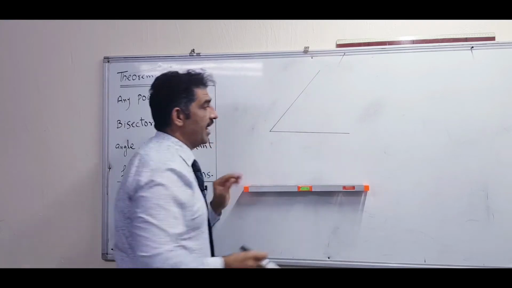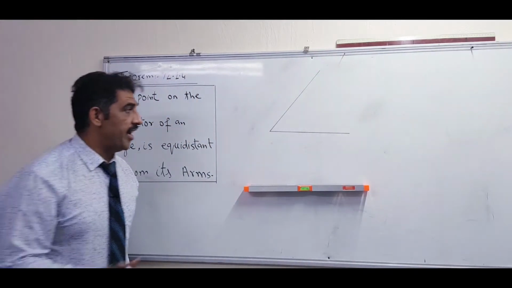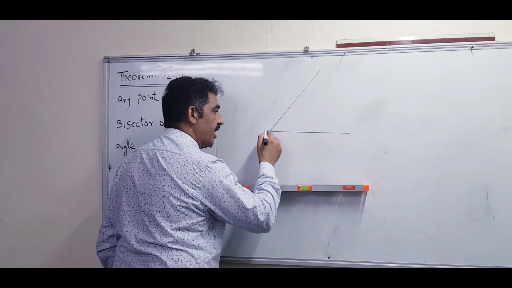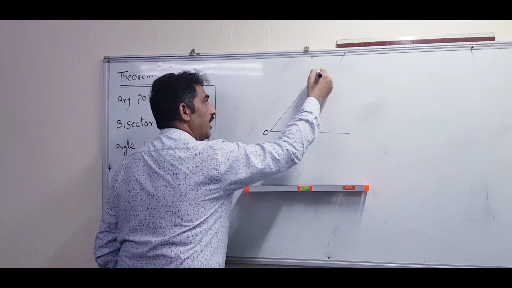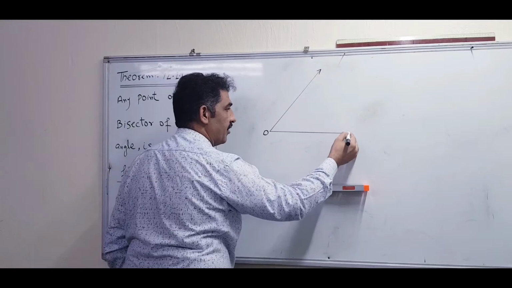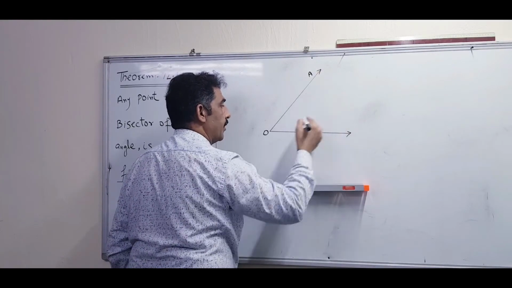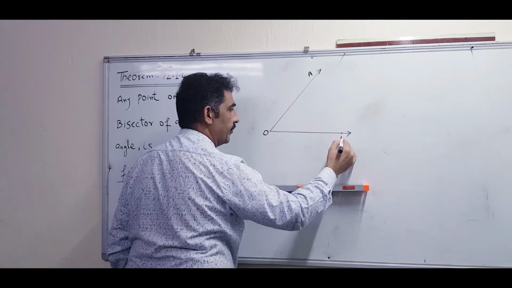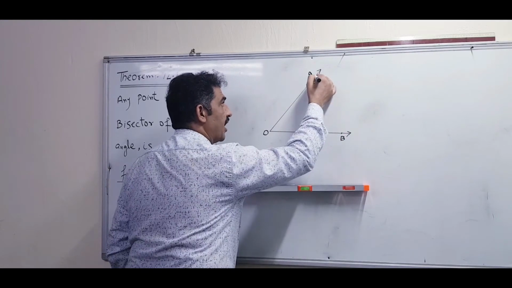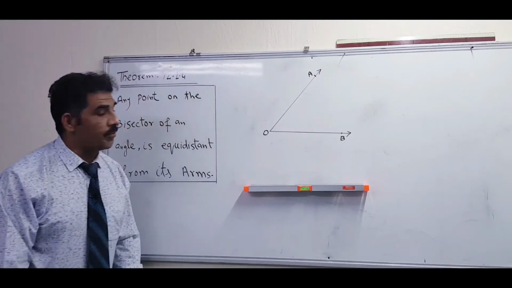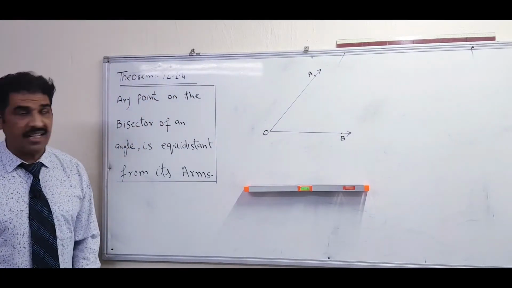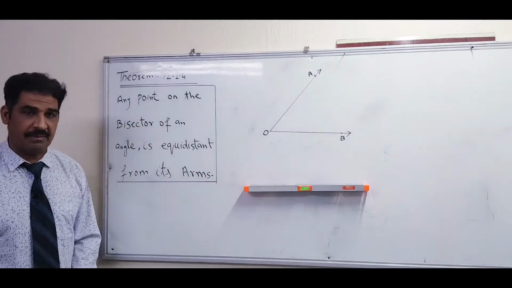Like this is an angle where both meet at point O, and we will write the name of this one A, O and B. I am using the names from your book because it's easy to learn. Otherwise you can write any name, it's okay.